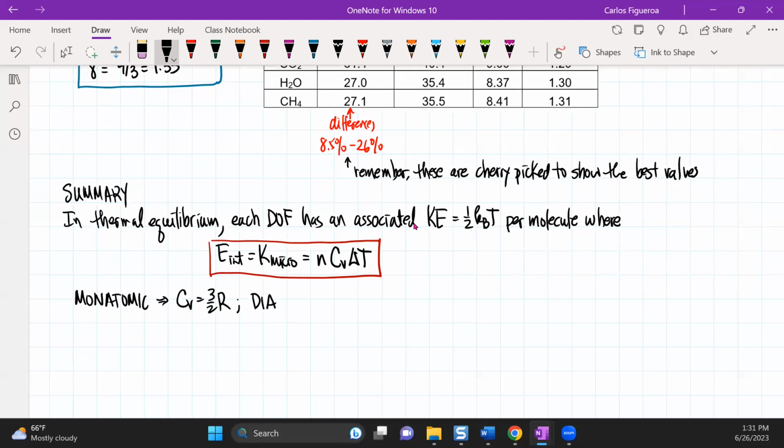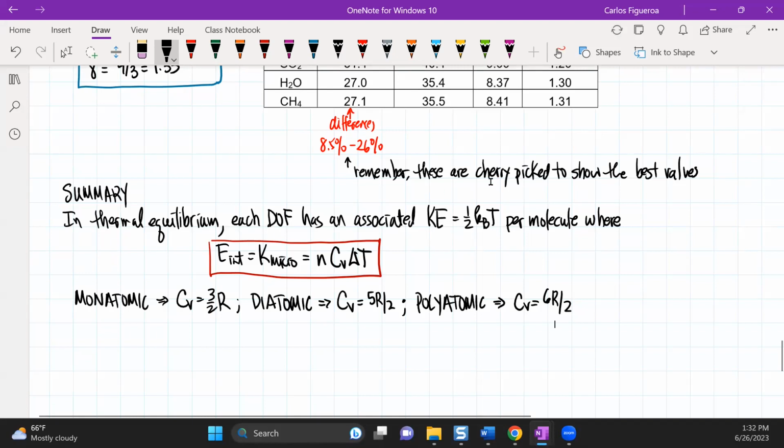If I have diatomic, we have 5 degrees of freedom, so CV is equal to 5/2 R. And finally, if we have polyatomic with limited success, then our CV here is 6/2 times R. That's what we're being told right here.